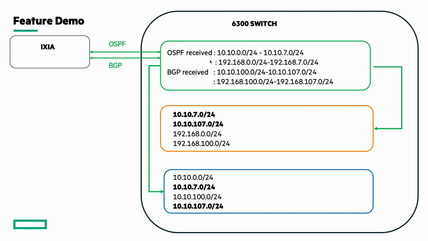So we have two ingress VRFs, orange and blue. Let's say I keep the last subnet we see, which is 10.10.107. This one will be common to both ingress VRFs, received by BGP.